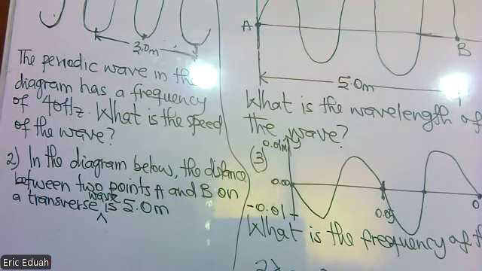Please, is it 2? Charlotte, 2 meters. Okay, so Charlotte is getting 2 meters. Who else? You also had 2.